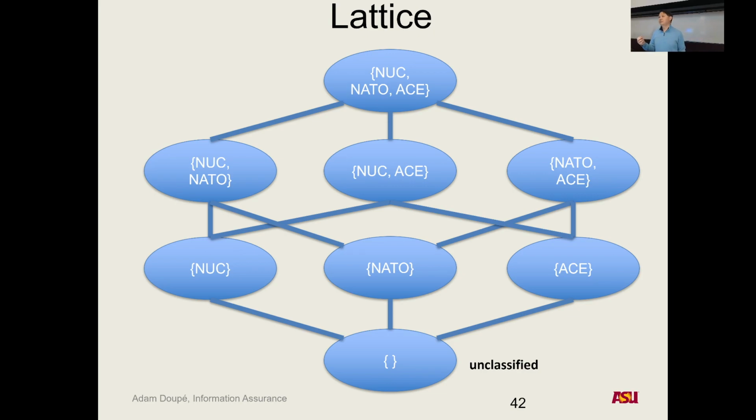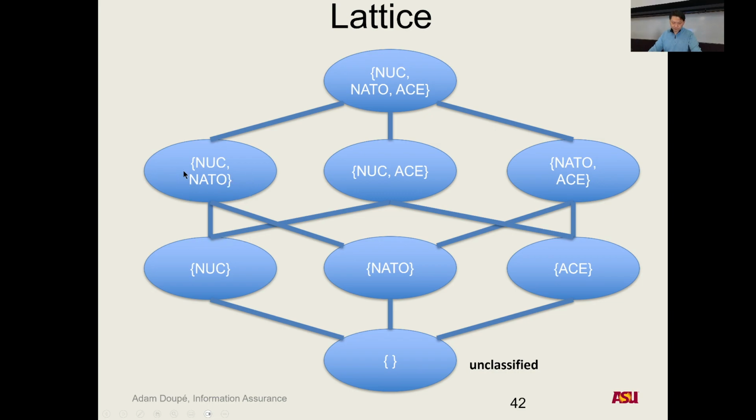Domination means this category is part of the upper categories. So NUC in this case is part of NUC NATO and also NUC ACE, right? The direction line means a relationship of domination.